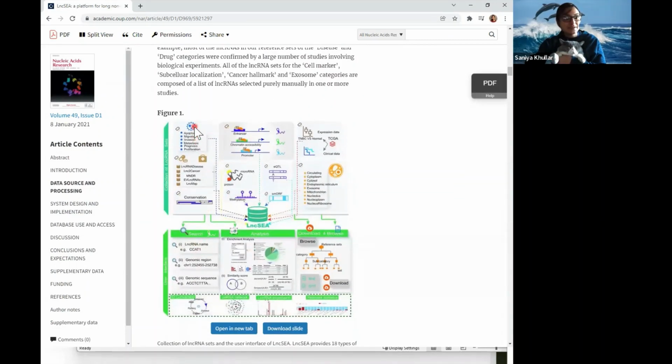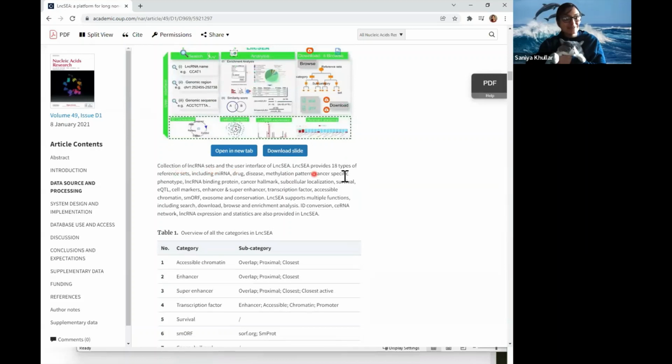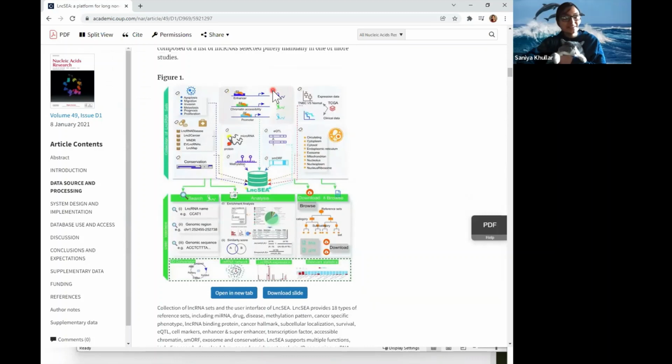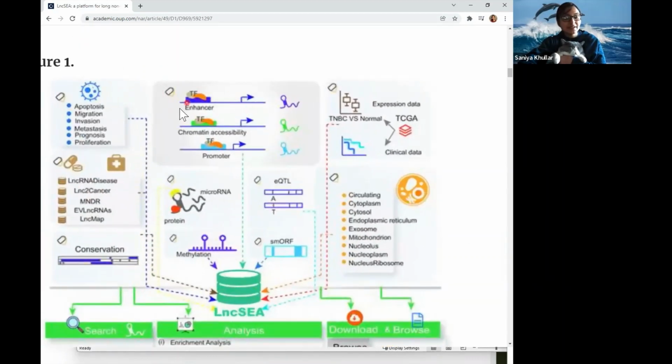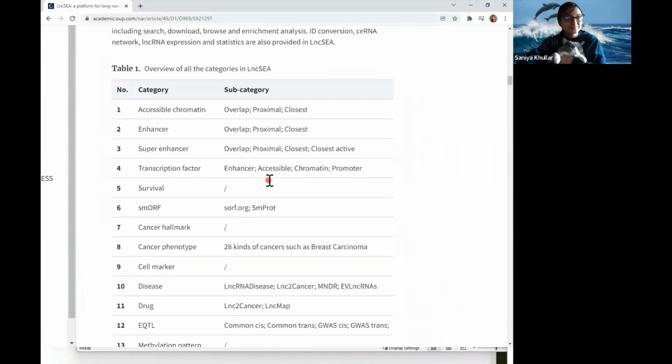You can do searching, analysis, downloading, browsing, there's so much. 18 types of reference sets, multiple functions like search, download, browse, enrichment analysis, ID conversion, ceRNA network, lncRNA expression, and statistics. There's quite a lot of information that we can see here about transcription factors binding to enhancers, chromatin accessibility, promoters, microRNA, methylation, smORF, eQTLs. There's so much going on here as well.